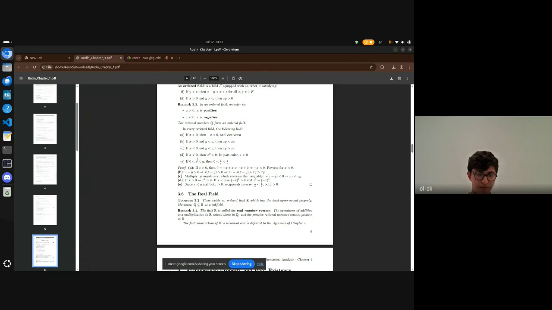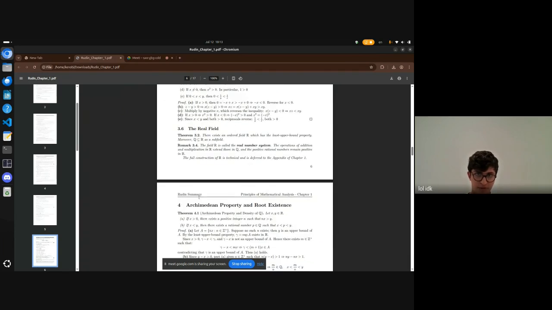Just divide everything by xy. Basically what I'm trying to say is that it will give you the reciprocals, one is less than the other.